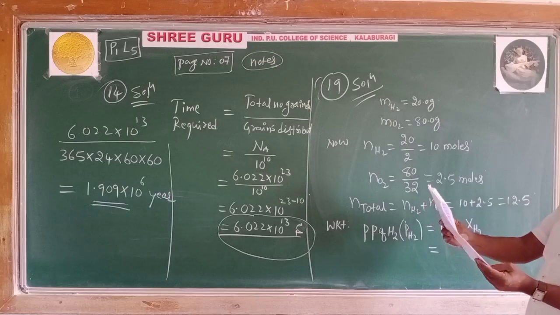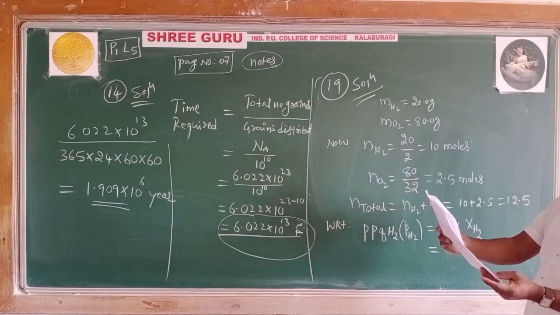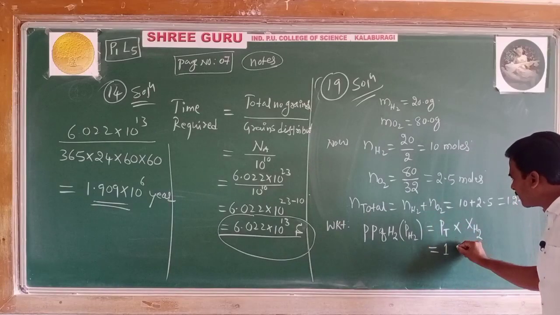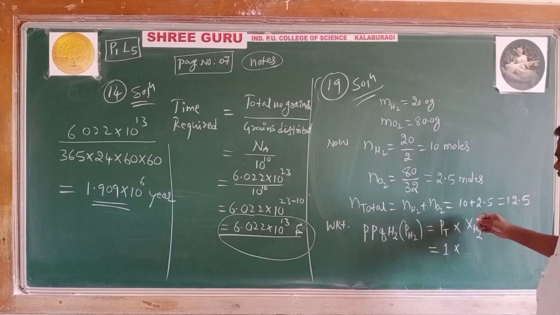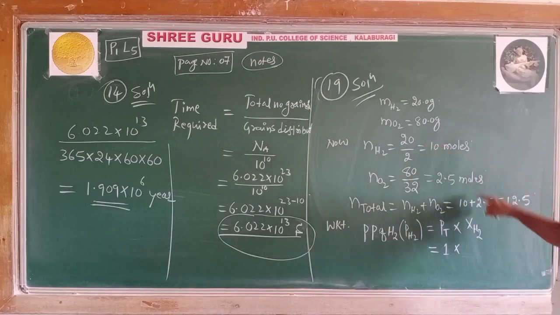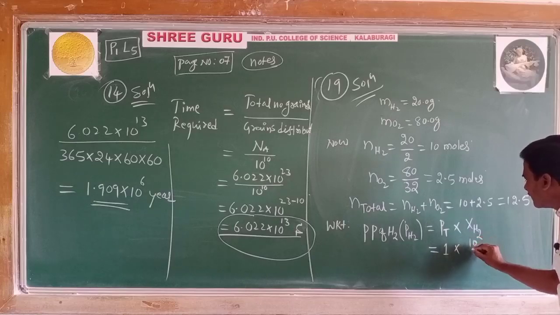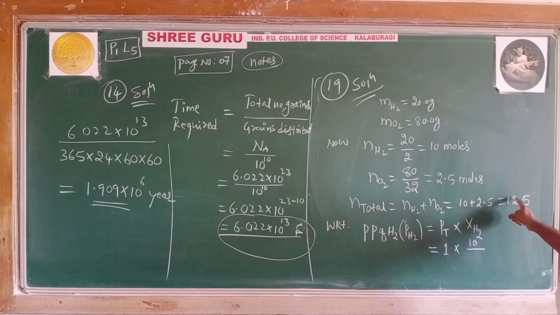Have they given the P total? Let's check. A mixture of dihydrogen and dioxygen at 1 bar. P total is given as 1 bar. And from the number of moles you calculate the mole fraction of hydrogen. It is 10 divided by the total number of moles, which is 12.5.